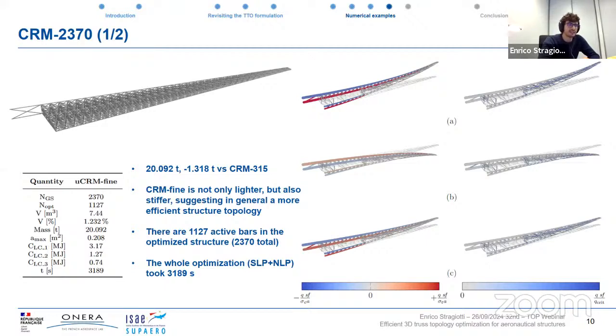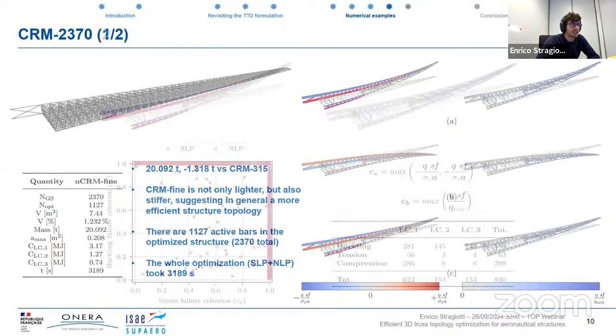And you can see here on the right, the 3 load cases. So we have on the top the first and the others on the bottom part of the image. And we have on the left part of the image the stress, and on the right the buckling constraints, showing where they are active.